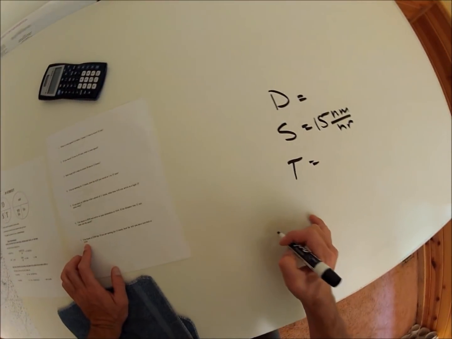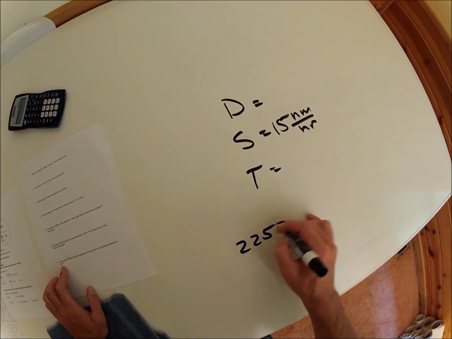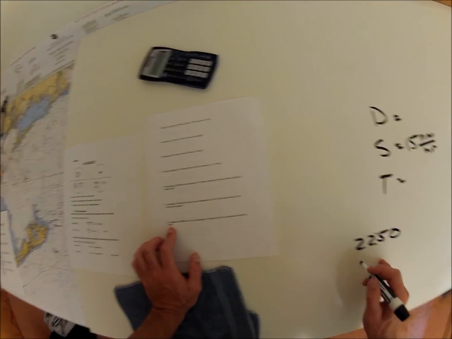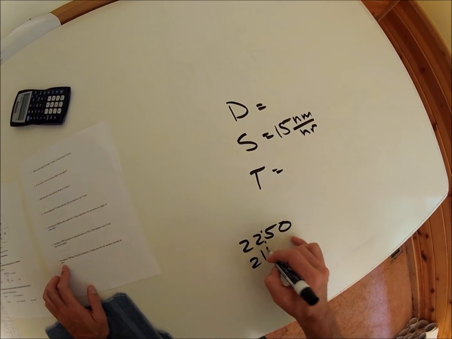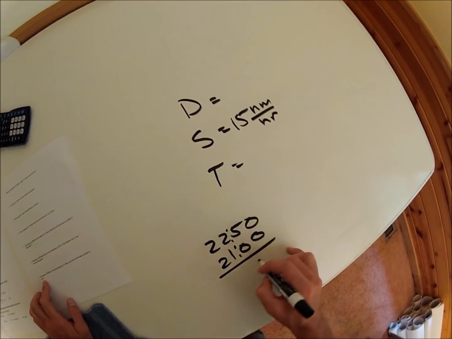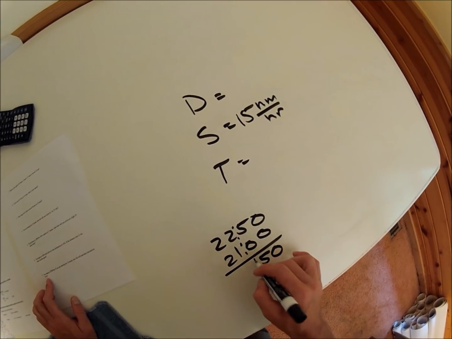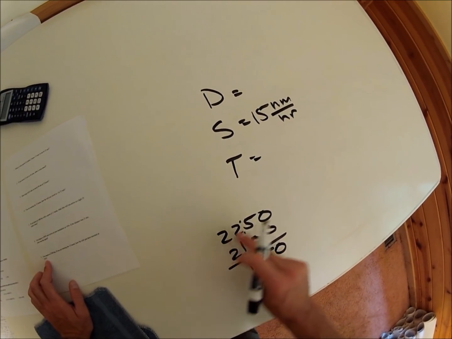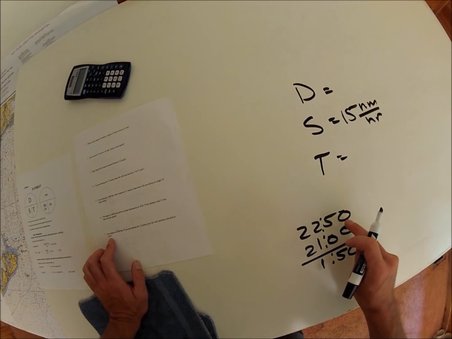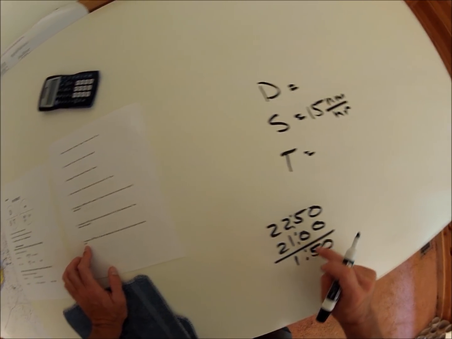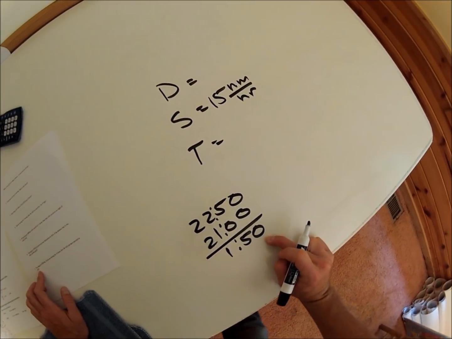What it wants us to say is 2250, 22 hours and 50 minutes, minus 21 hours. So 2250 minus 2100 is 1 hour and 50 minutes.